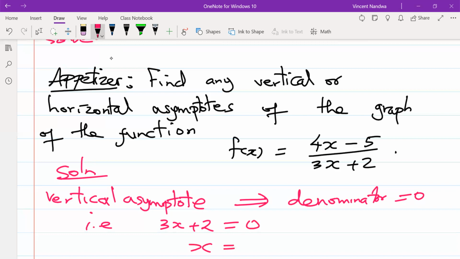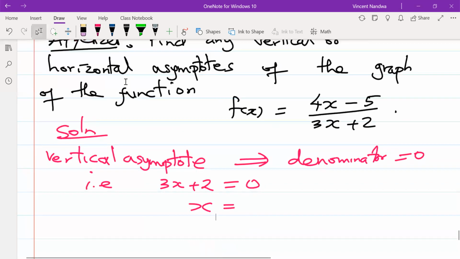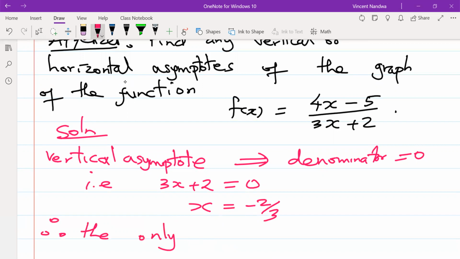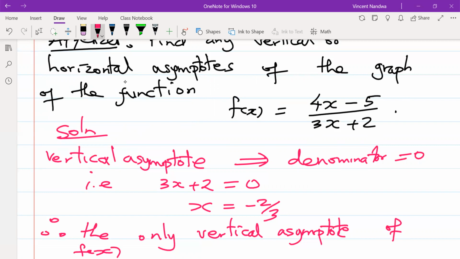And what do you get as x? Negative 2 over 3. So therefore, the only vertical asymptote of f of x is the line x equals minus 2 over 3.